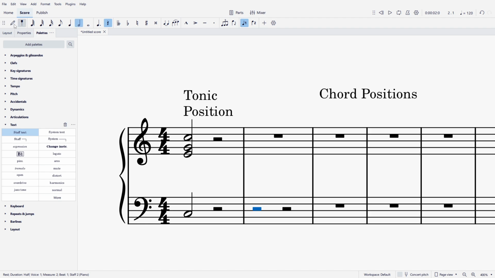And now we'll do something else. Also, it doesn't matter how the chords are arranged. The only thing that matters is the soprano note, the highest note. Actually, let's do them in order. Let's do this.